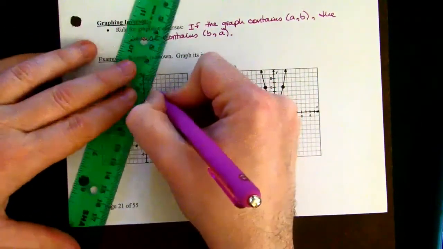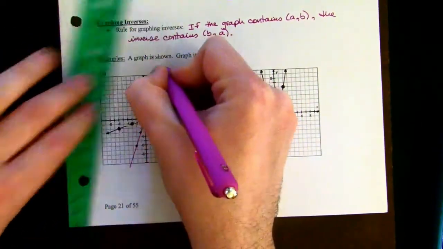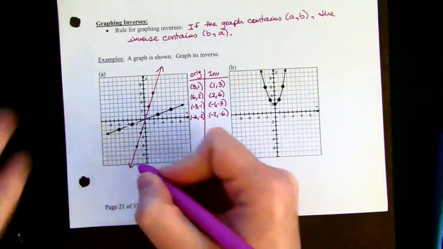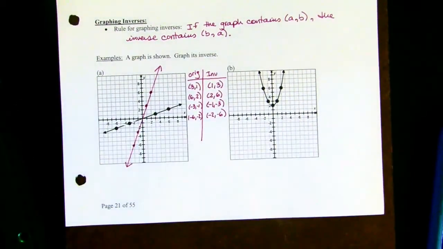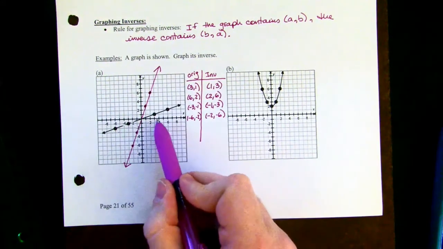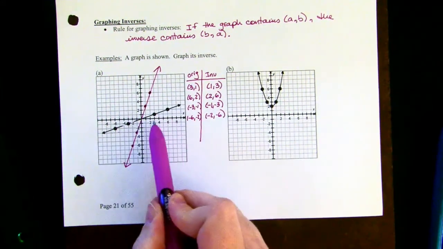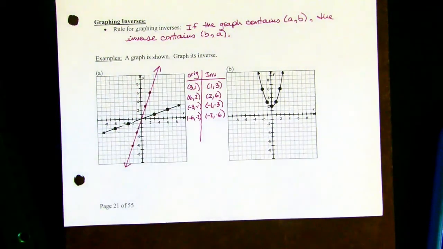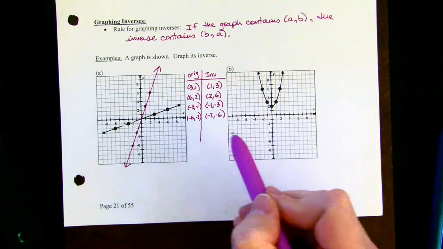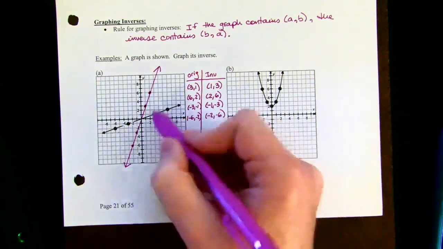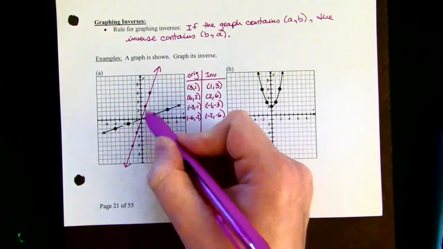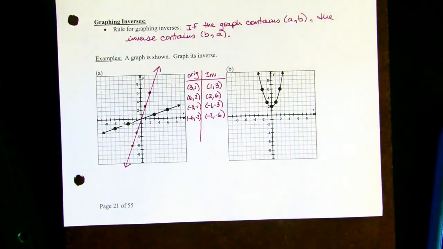I'm just going to connect them. And that graph is the inverse. My original had the point 3 comma 1, my inverse has 1 comma 3. My original had 6 comma 2, my inverse has 2 comma 6, and so on. Okay. See if you can do letter B. Make a table if you want, or if you can just think about it as, okay, I have 3 comma 1, so I know I need 1 comma 3. That'll work as well. See what you can do.